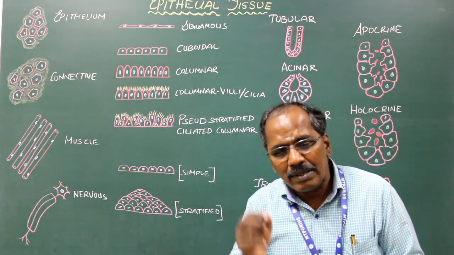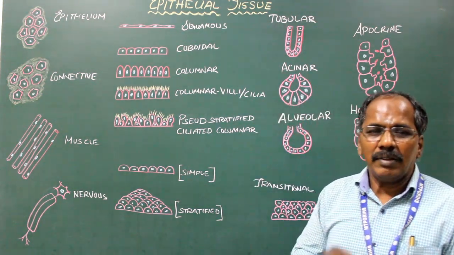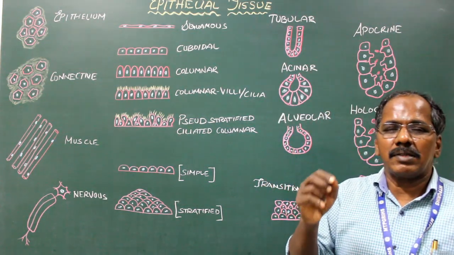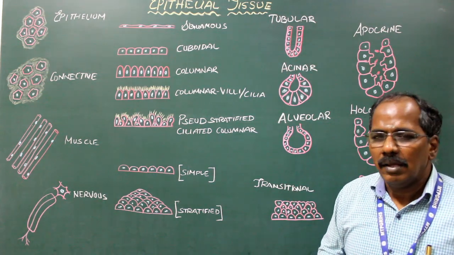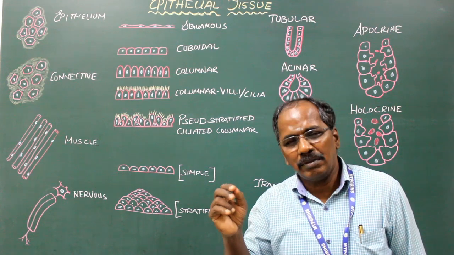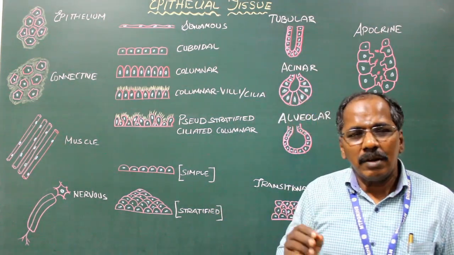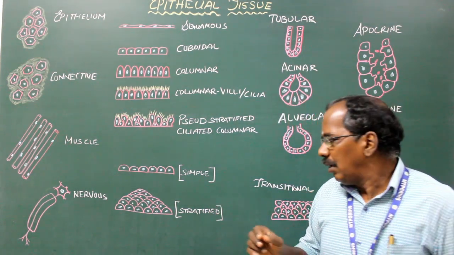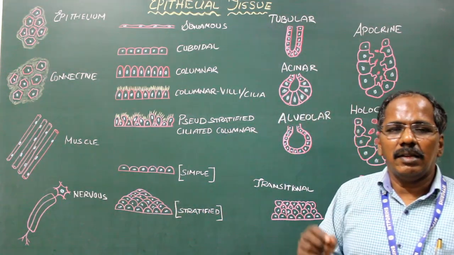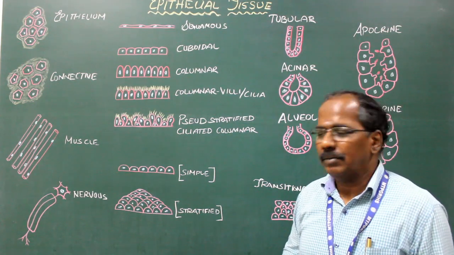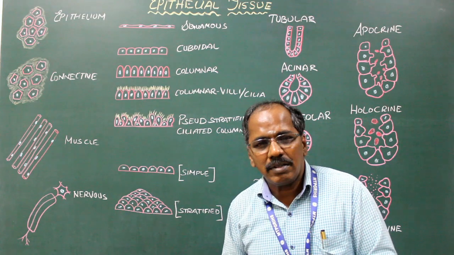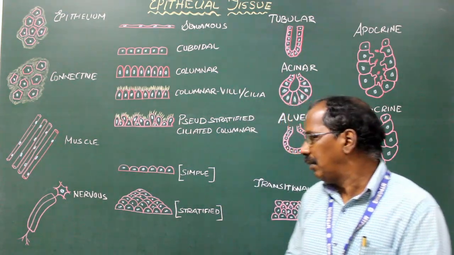It is again divided into stratified squamous keratinized epithelium and stratified squamous non-keratinized epithelium. Keratinized means pigmented, non-keratinized means absence of pigment. In stratified squamous keratinized epithelium, the superficial most cells are dry and it is pigmented. Example: skin, outer surface of the tympanic membrane.